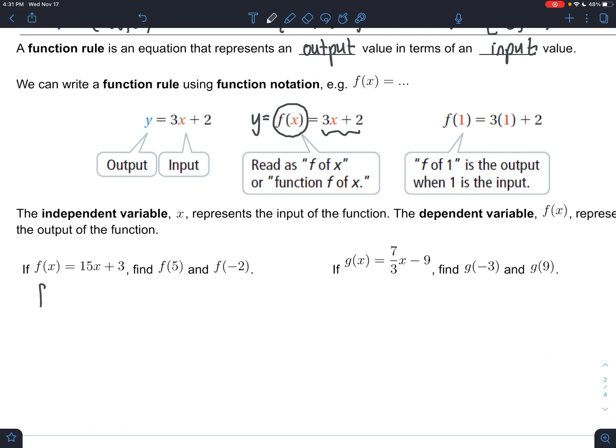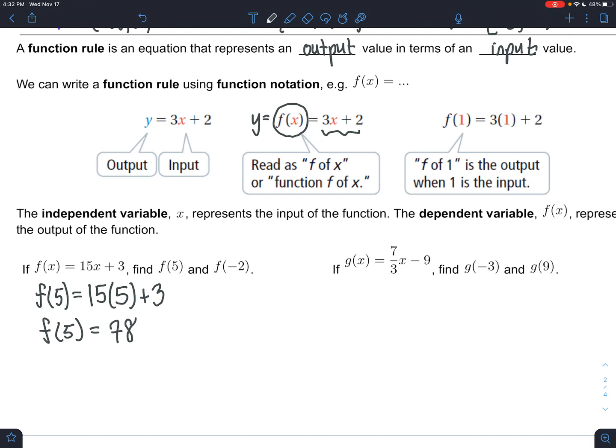So let's just dive into this real quick. If we want to plug in 5 into the function, we put a 5 everywhere. And I'll give you that this is 75 plus 3, which is 78.